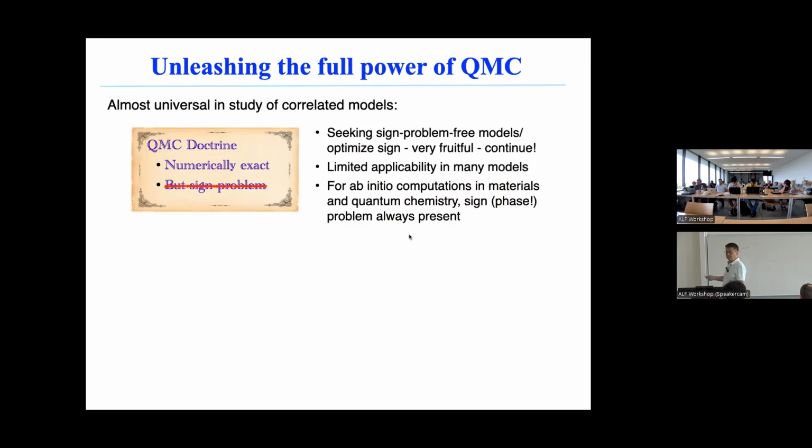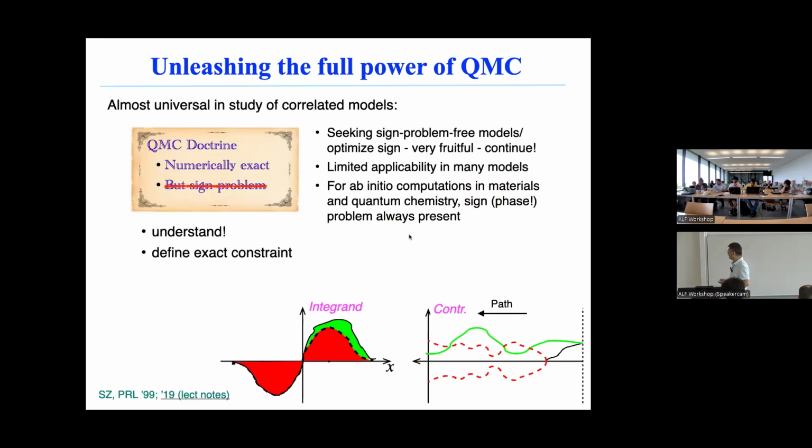So we then need to say, well, there is a sign problem, we're going to live with it. And we need to understand what happened and then define a constraint, and you remove the exponential scaling of the sign problem, but you change your mindset. Now you deal with inexact calculations where there's a whole set of things you've got to do after your calculations.